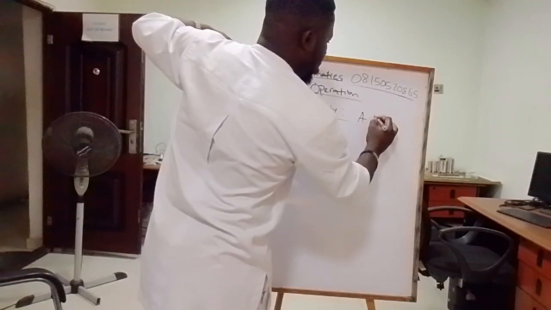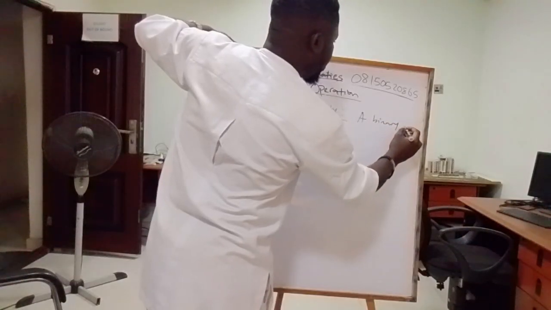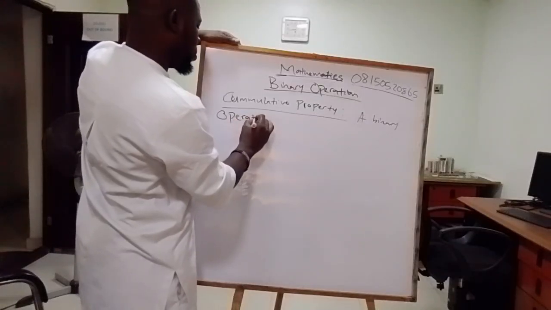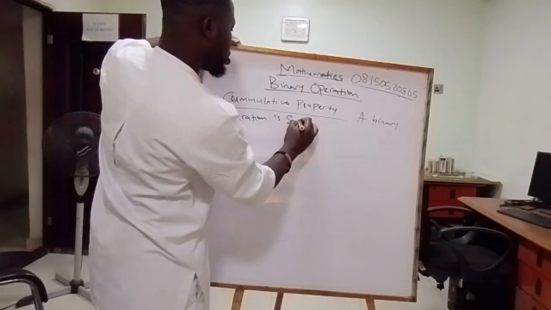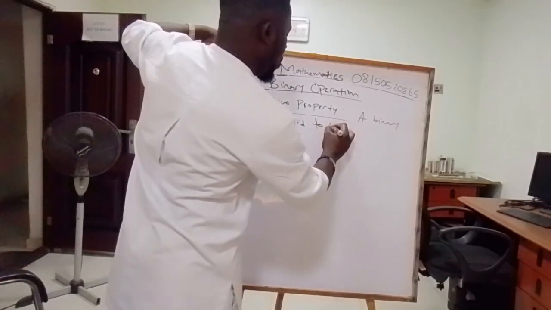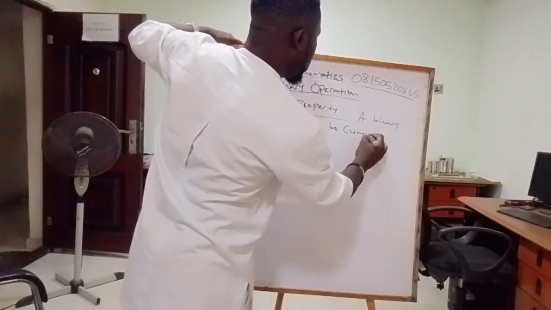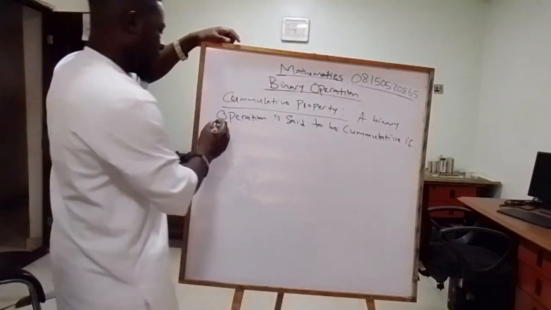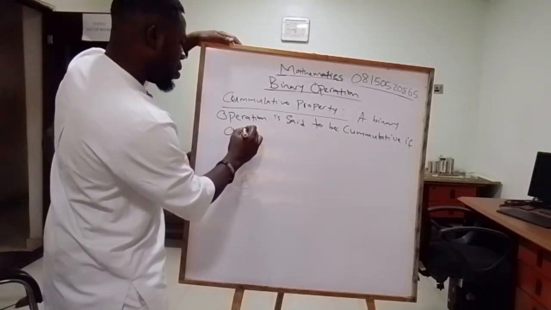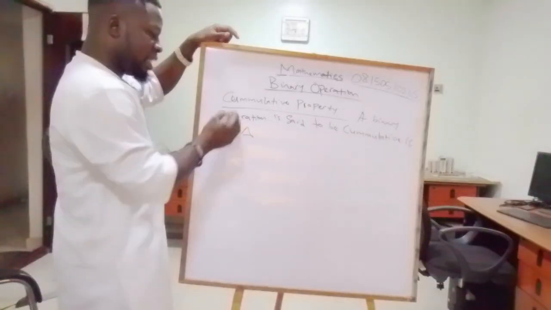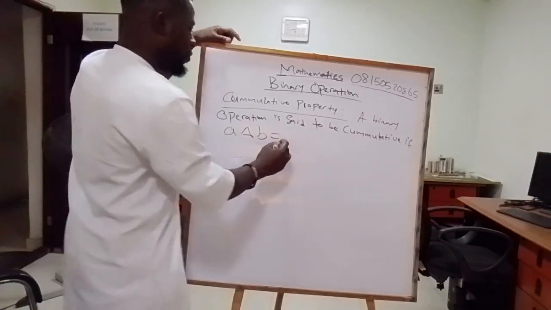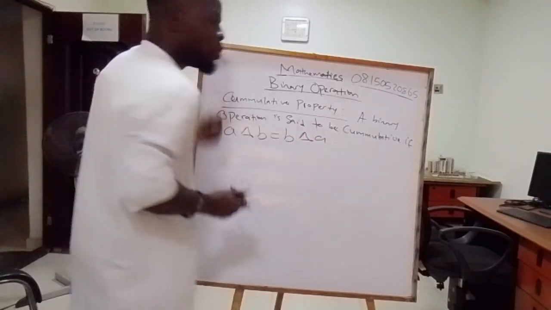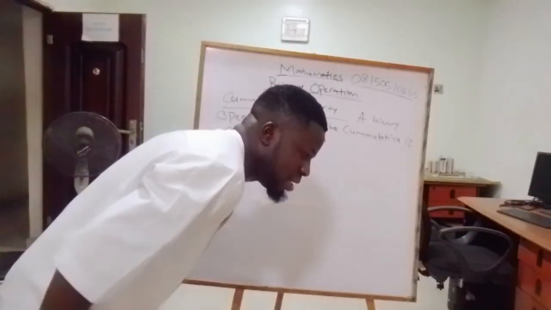A binary operation is said to be commutative if A operation B will give you B operation A. What am I saying in essence? This is very simple.